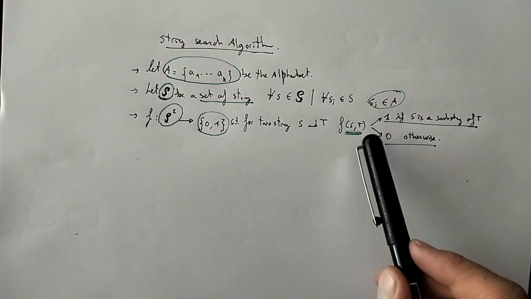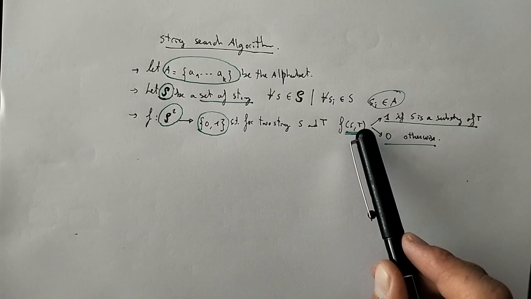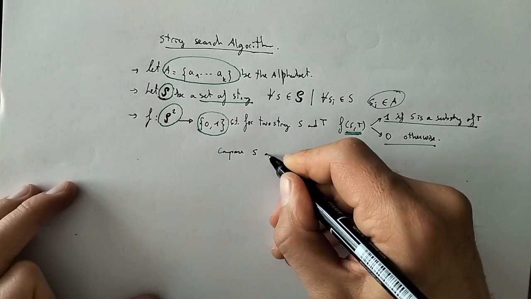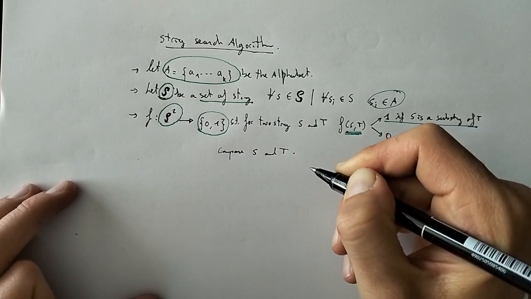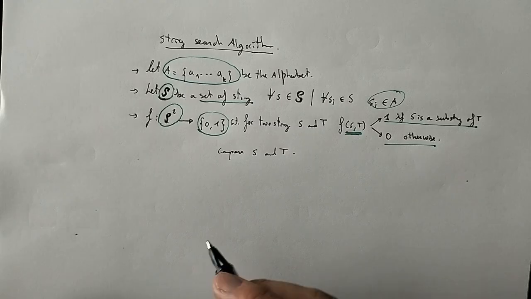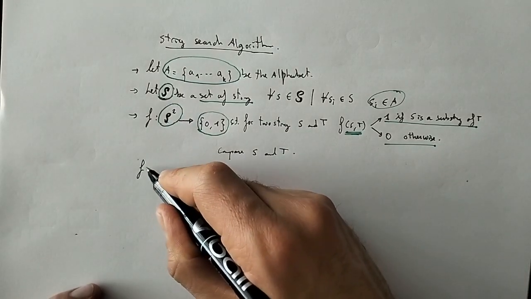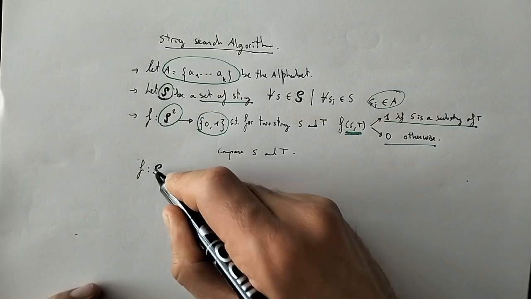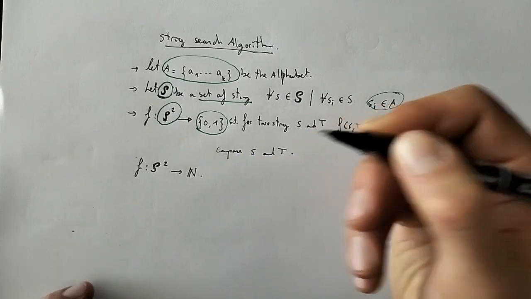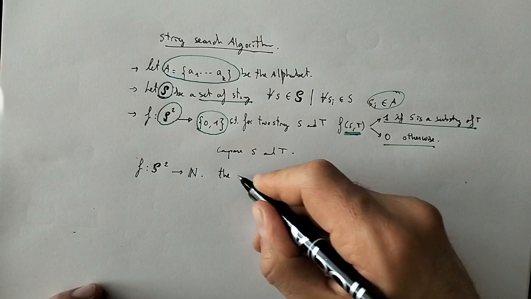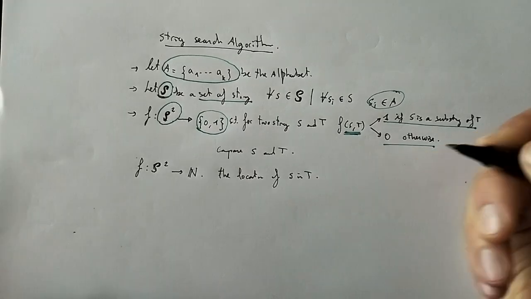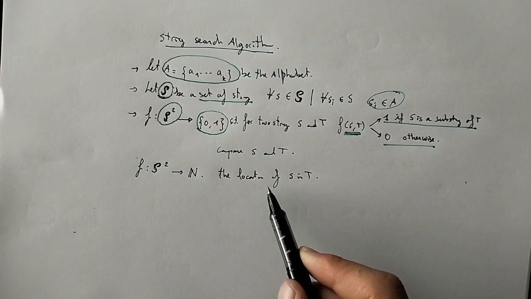In order to check if S is a substring of T, we need to compare S and T. A variant of this function that we want to implement is that f can take two strings and will output, for example, a natural number that will be the location of S in T. Let's imagine the first location, for example.